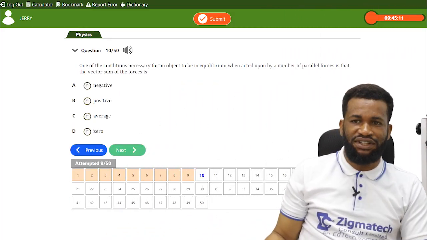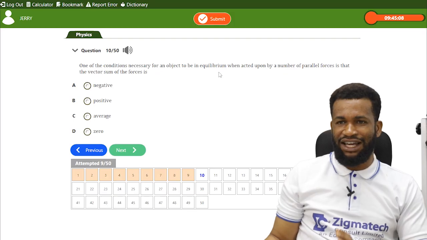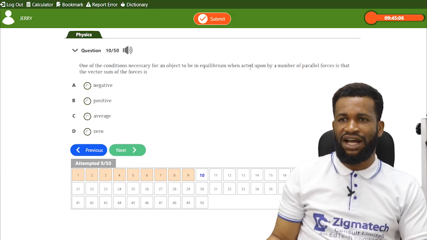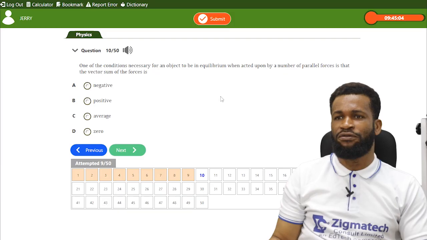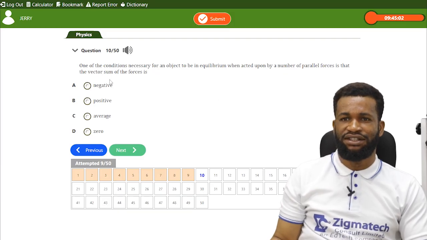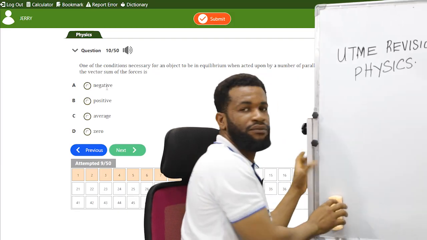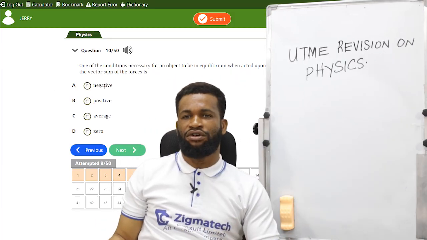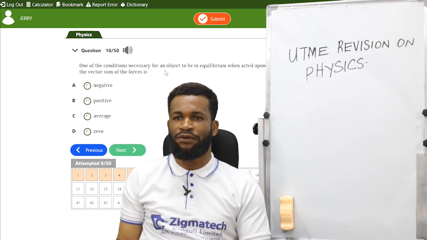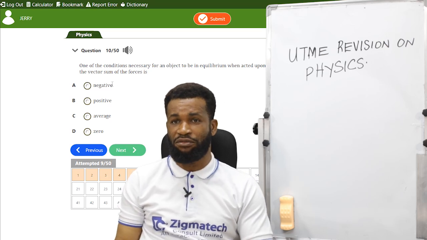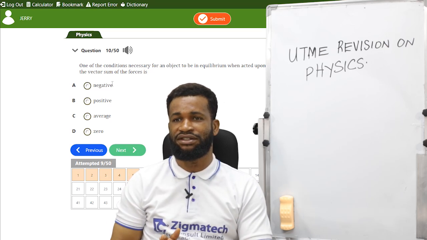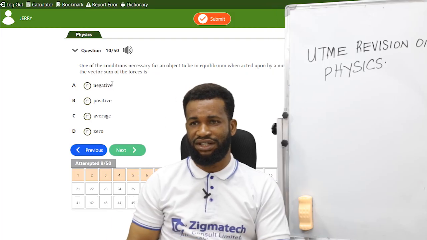One of the conditions necessary for an object to be in an equilibrium when acted upon by a number of parallel forces is that the vector sum of the forces is. Now, the conditions necessary for an object to be in an equilibrium. If you watch some of our videos, you see this topic is well treated.